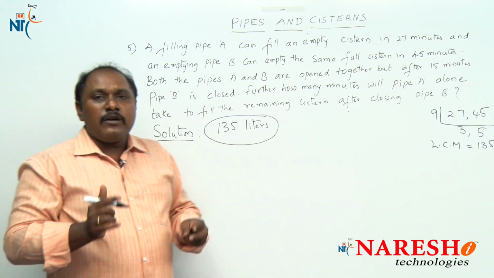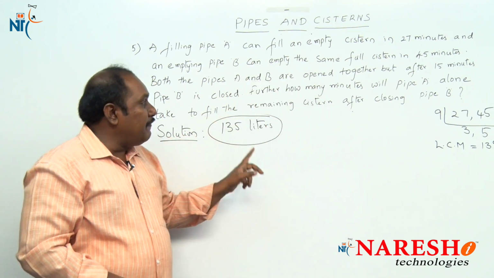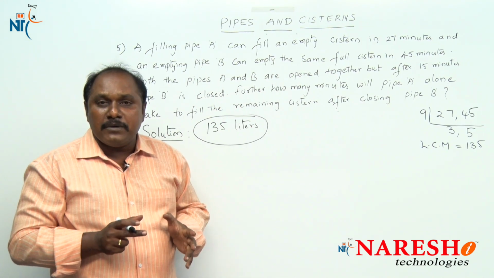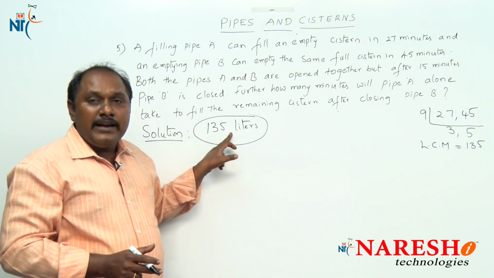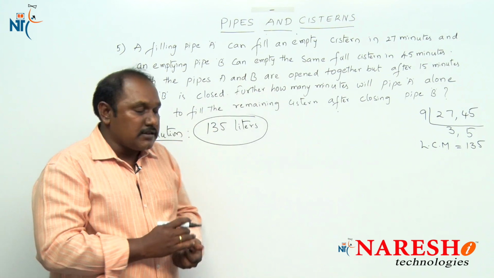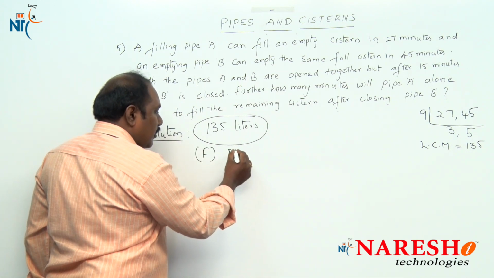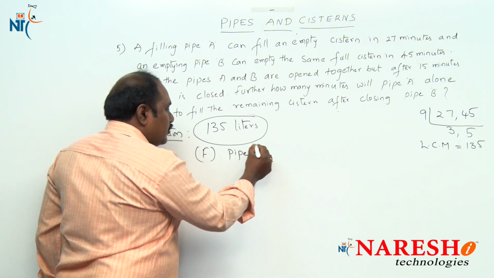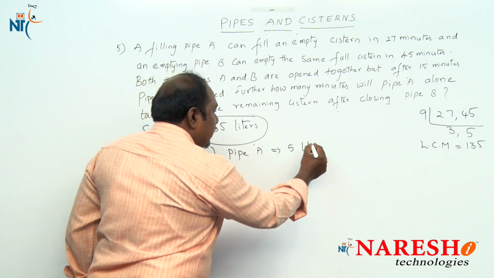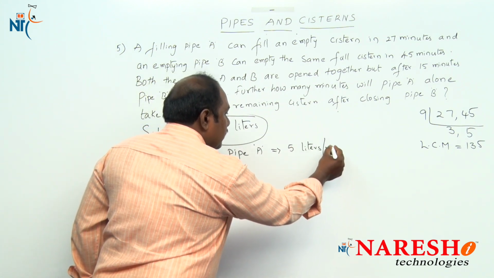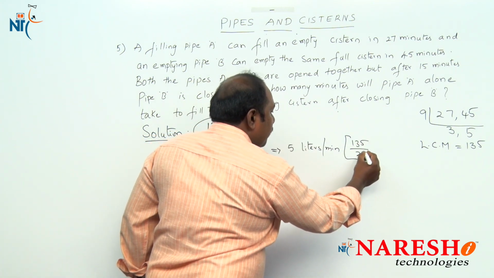According to the given question, pipe A, the filling pipe, can fill the cistern in 27 minutes. That is, it can fill 135 liters in 27 minutes. So the filling pipe A should fill 5 liters per minute, which is 135 by 27.